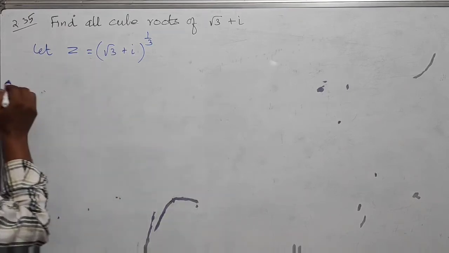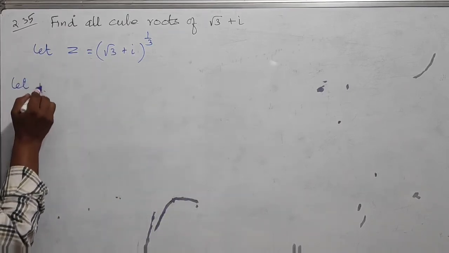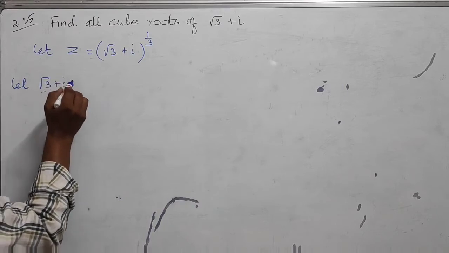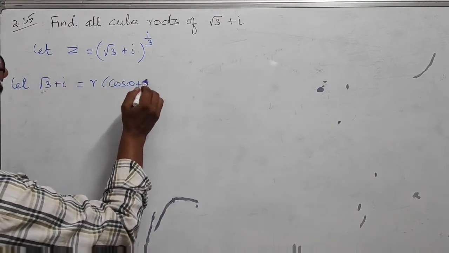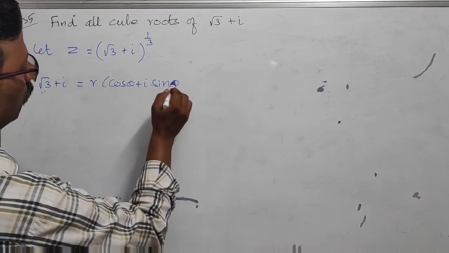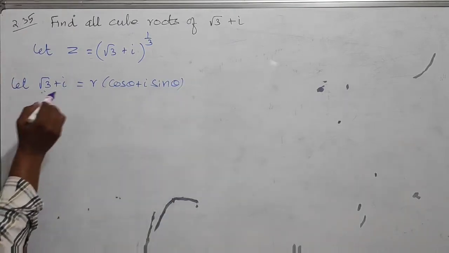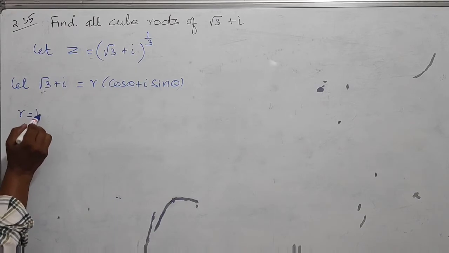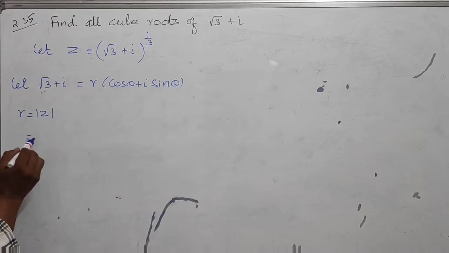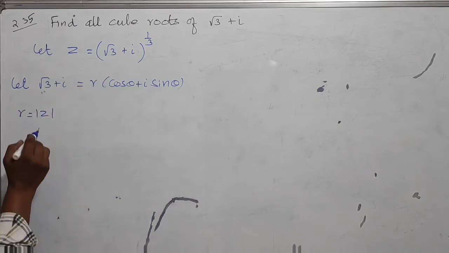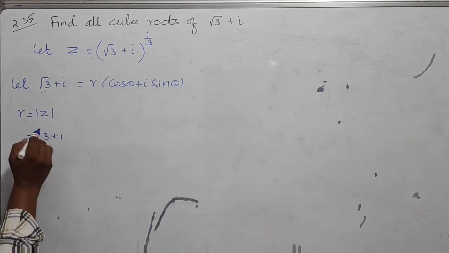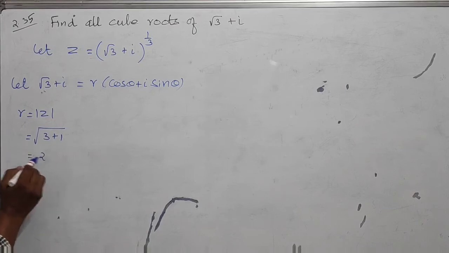Polar form. Therefore, again, let root 3 plus i be r into cos theta plus i sin theta. Here, r is nothing but modulus z. R is equal to modulus z, which is equal to root of root 3 square, 3, plus 1 square, 1, which is equal to 2. Now r is equal to 2, modulus value equal to 2.